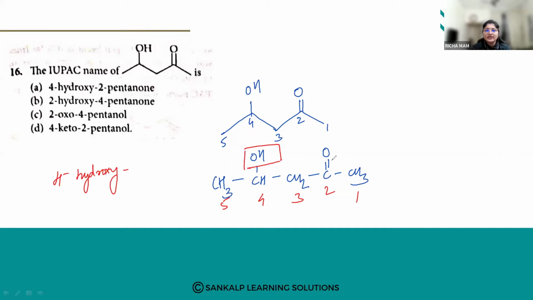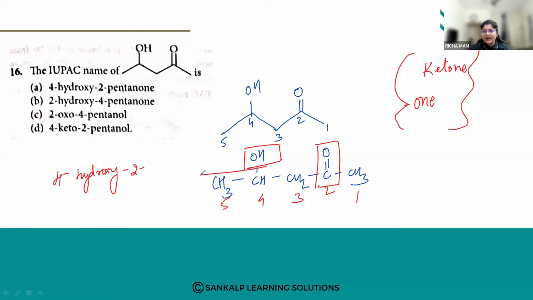4 hydroxy. Then at 2 you have a ketone. When you write ketone, what is our suffix? It is one. So 2-one. Then this is our parent chain, so we are counting the ketone also. So 5 carbons, pentanone.